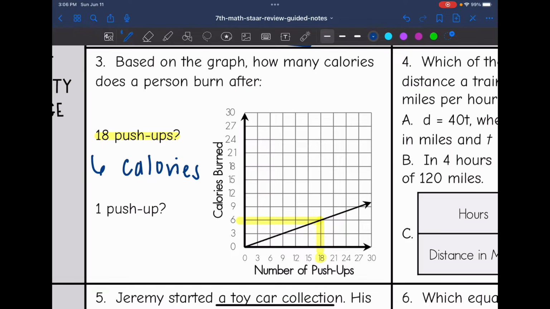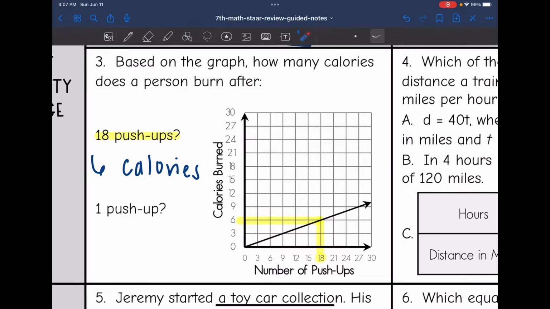And then if they have done 1 push-up, well, I can't really see that on the graph, because 1 is right here and I have no idea what that is on the graph. So let's take this information that I just found, 18 push-ups is 6 calories, to figure out how much 1 push-up will burn.